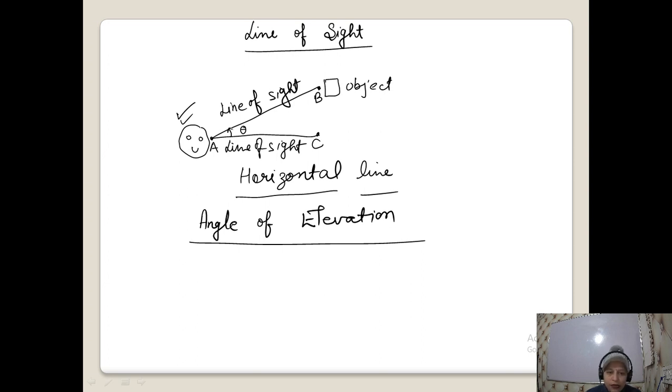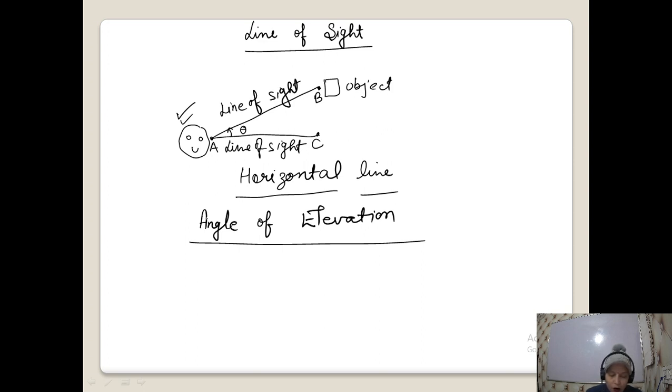When the observer's eye is below the object, it makes an angle that is known as angle of elevation, from below to above.